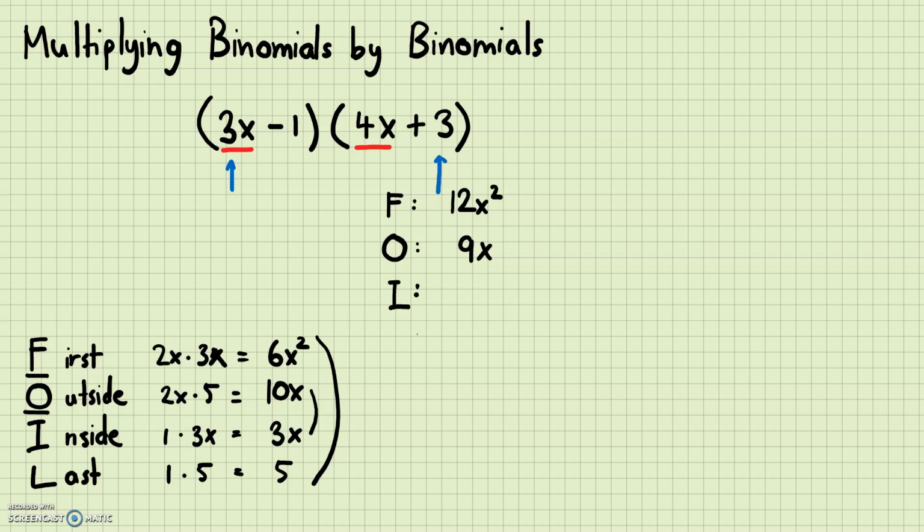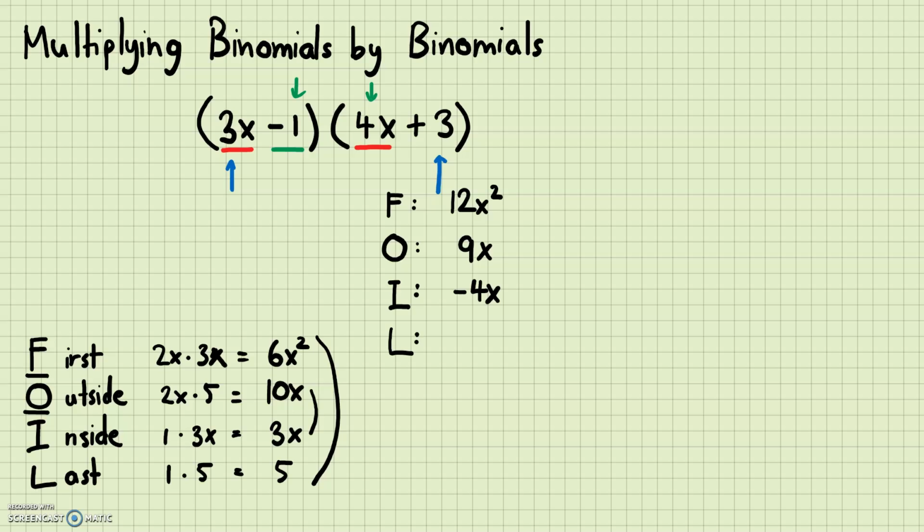The inside terms are these terms right here. And remember, this is a negative 1, not just a 1. So you're doing negative 1 times 4x, which is negative 4x.